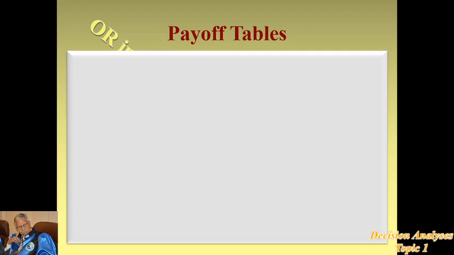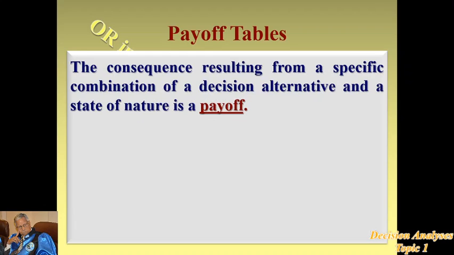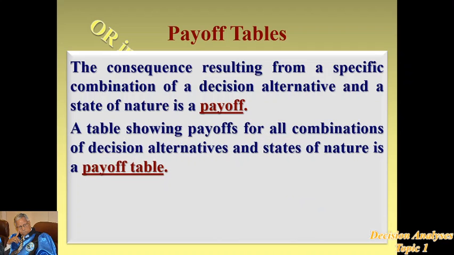This payoff can be represented in tabular form called a payoff table. The consequence resulting from a specific combination of decision alternative and state of nature is a payoff. These payoffs can be represented numerically in a tabular form.